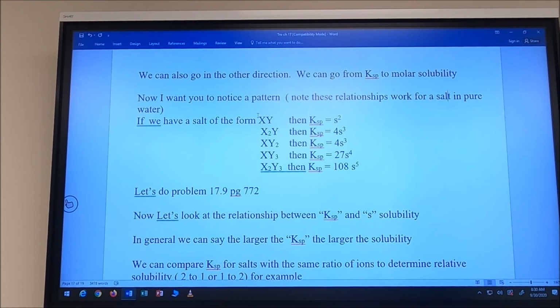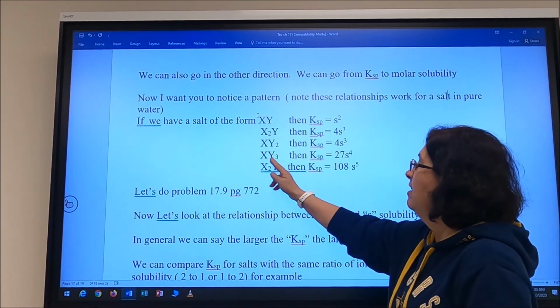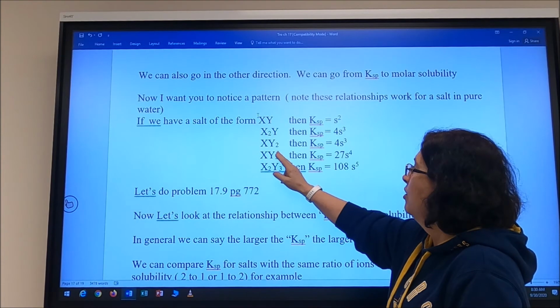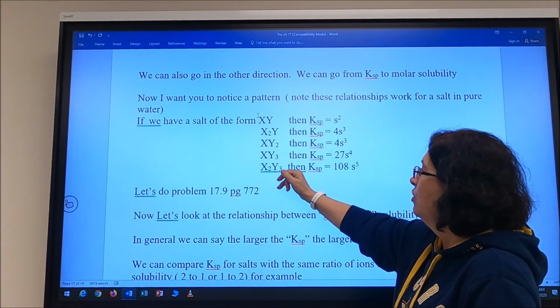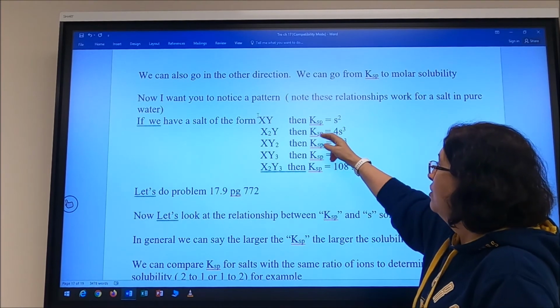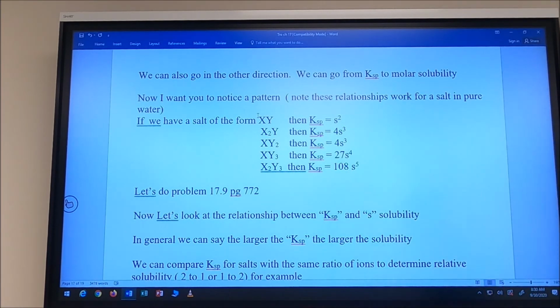If I have two cations to three anions, KSP equals 108 s to the fifth. Now you can also reverse these. If I had 3x and 1y, or if I had 3x and 2y, I'd get the same thing, just like I did up here.